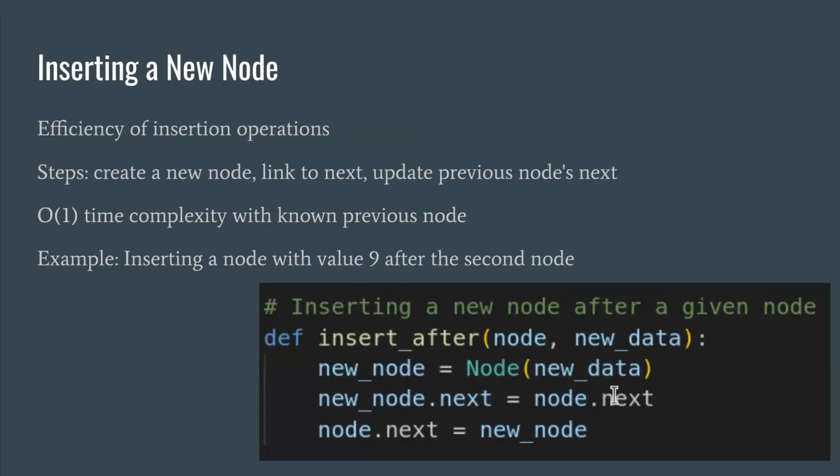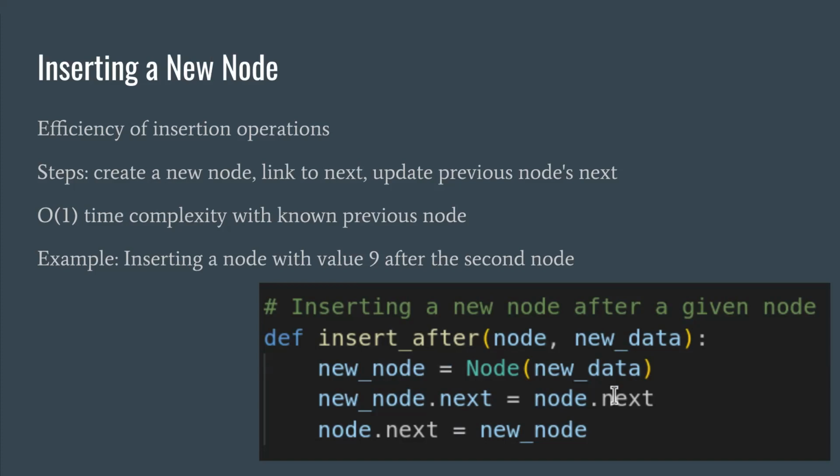Inserting a new node. Insertion is where singly linked lists truly shine, especially when we know the node we want to insert after. So this process is very straightforward and efficient. What you want to do, first, is to create a new node, link it to the subsequent node, and update the previous node's next reference to point to this new node.